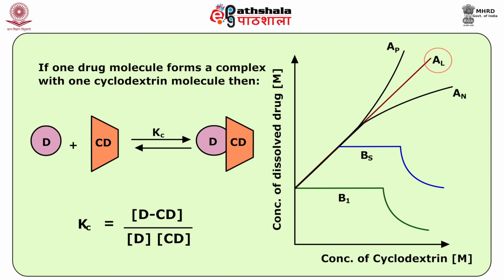The AL-type phase diagram is obtained when the complex is formed of the first order with respect to the ligand and first or higher order with respect to the substrate. And AP-type phase solubility profiles are obtained if the complex is first order with respect to the substrate, but second or higher order with respect to the ligand.